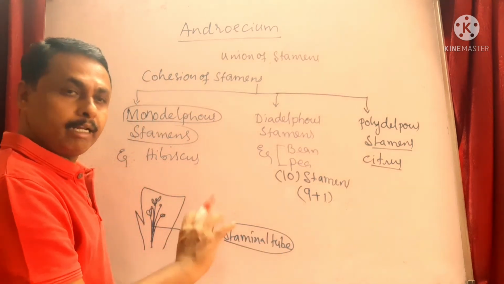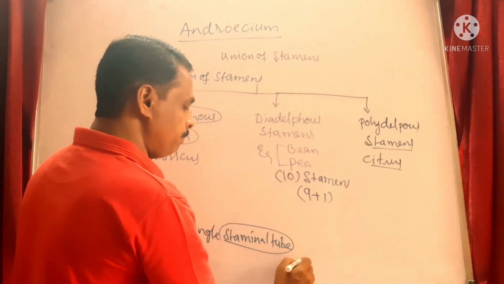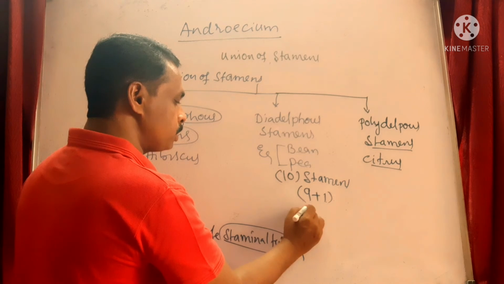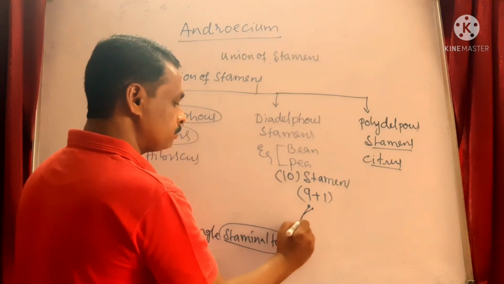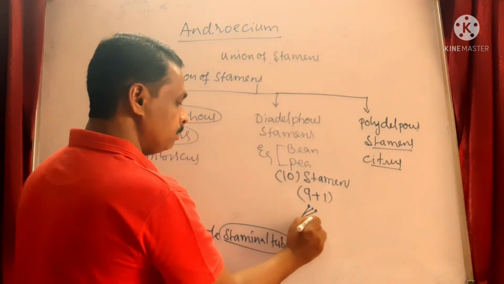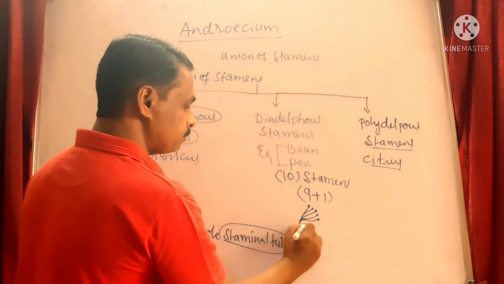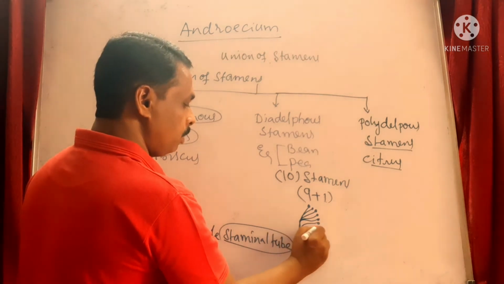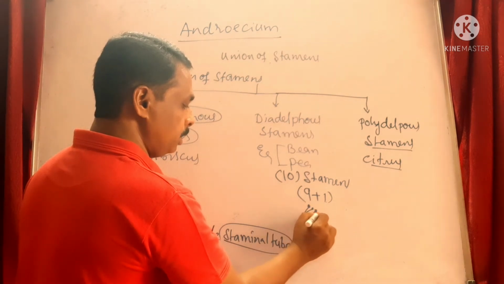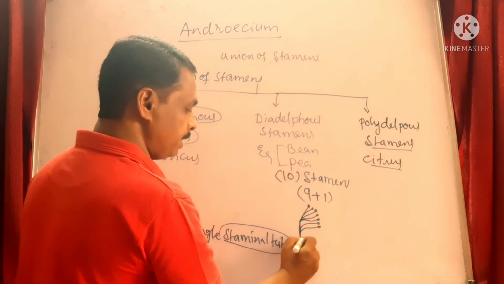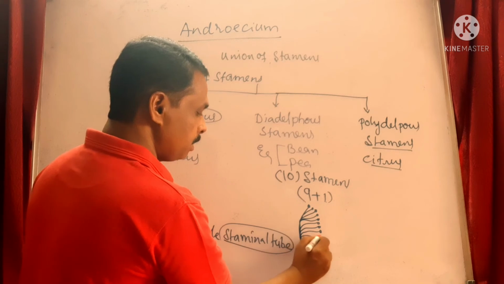One bundle is composed of 9 stamens: 1, 2, 3, 4, 5, 6, 7, 8, 9.